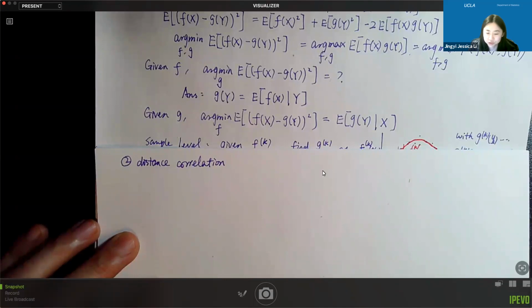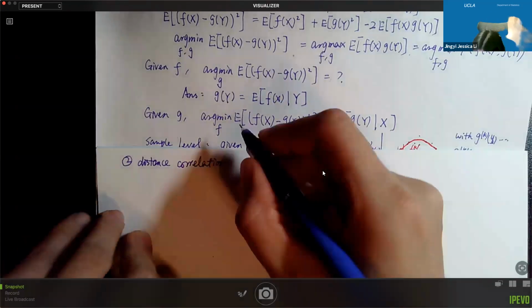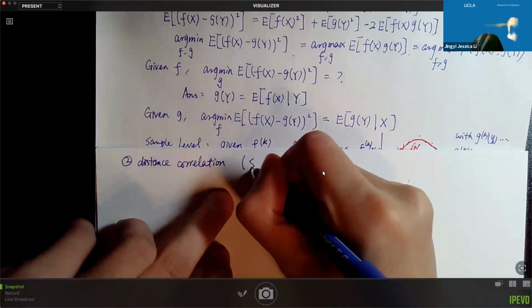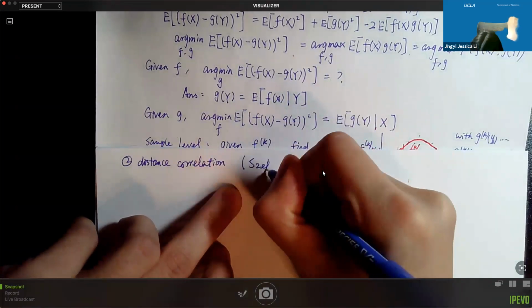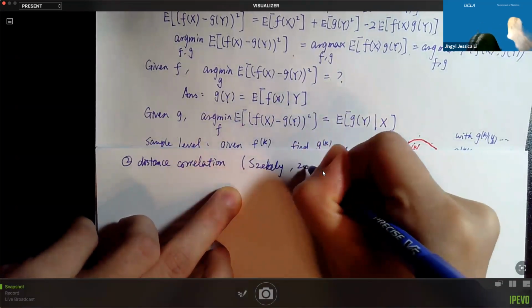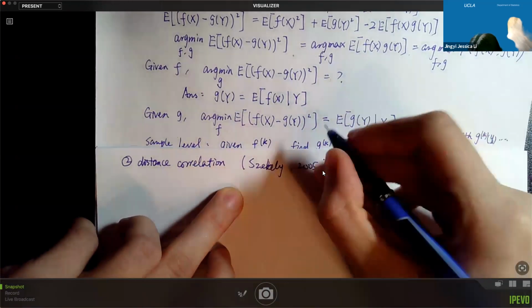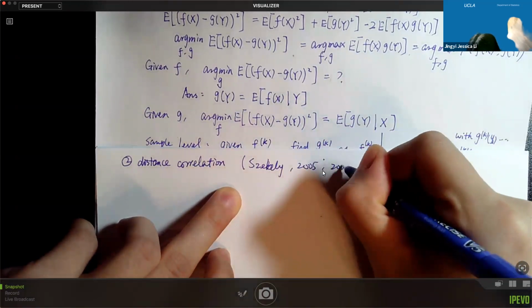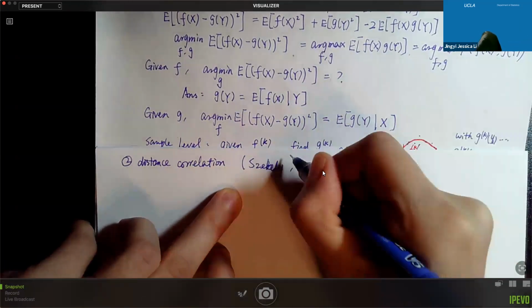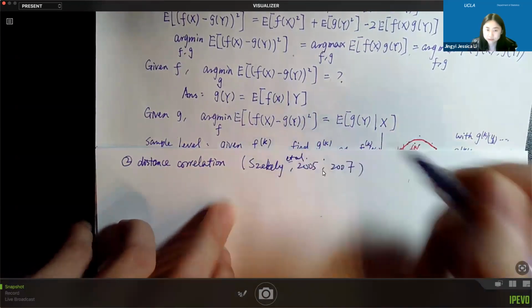That's very encouraging. This is by Dr. Székely and his student in 2005 and 2007. I just put it here.